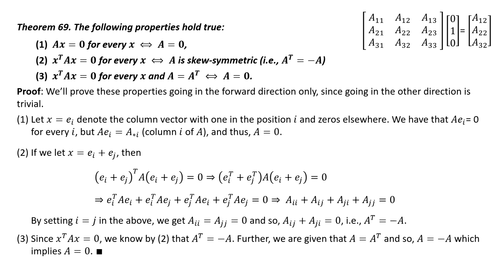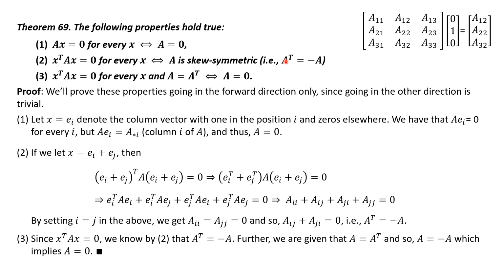The following theorem relates to some of the points we made on the previous slide. Ax equals 0 for every x in the vector space under discussion, which is typically the Euclidean n-space for the discussions here, if and only if A equals 0. x transpose Ax equals 0 for every x if and only if A is skew symmetric.